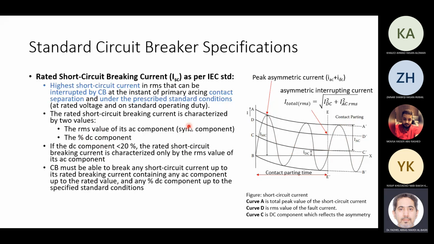If the DC component is less than 20% of the AC component, we consider this almost at steady state. And then in that situation, the circuit breaker will be rated based on only AC components, because the DC component is negligible when it's less than 20%.